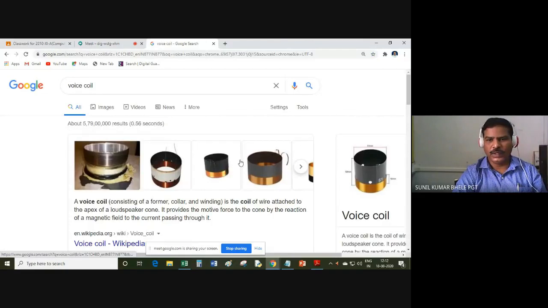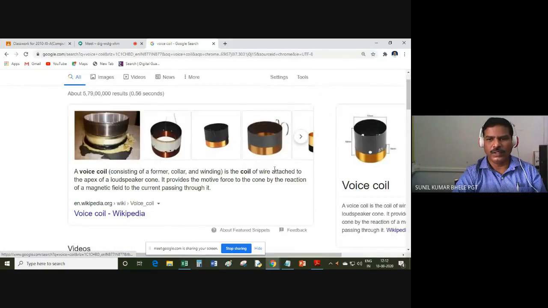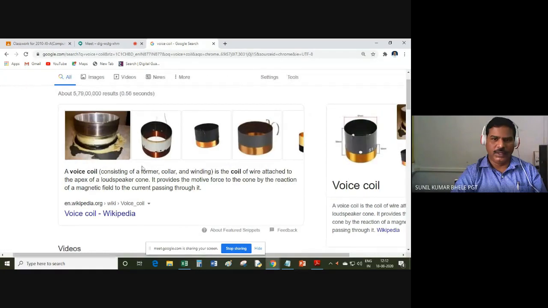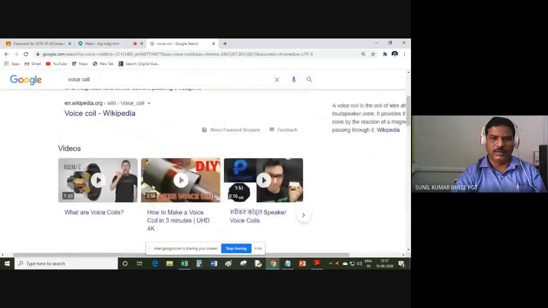Voice coil: this type of coil is wound around a cylinder. This is a coil of wire attached to the apex of a loudspeaker cone. It provides the motive force to the cone by the reaction of a magnetic field. So maybe they are discussing this coil.